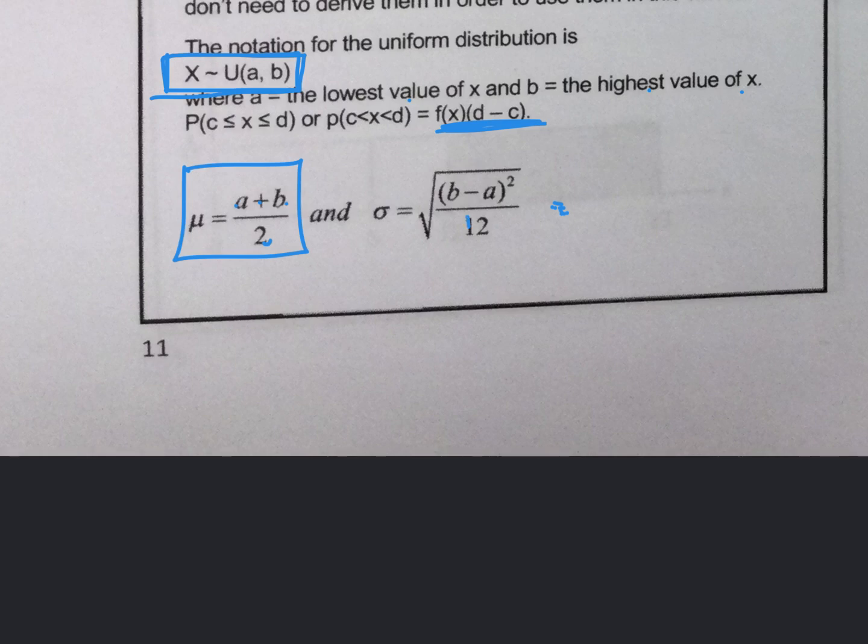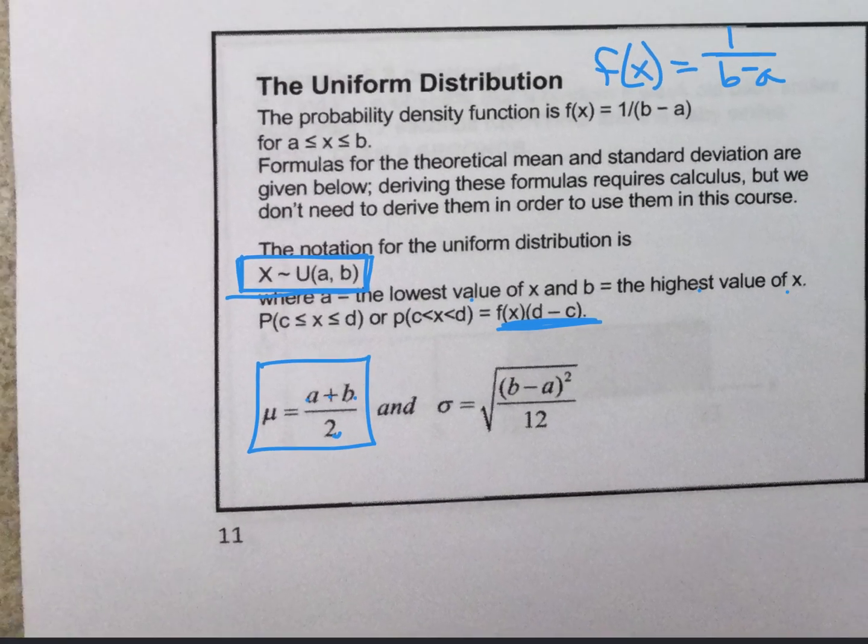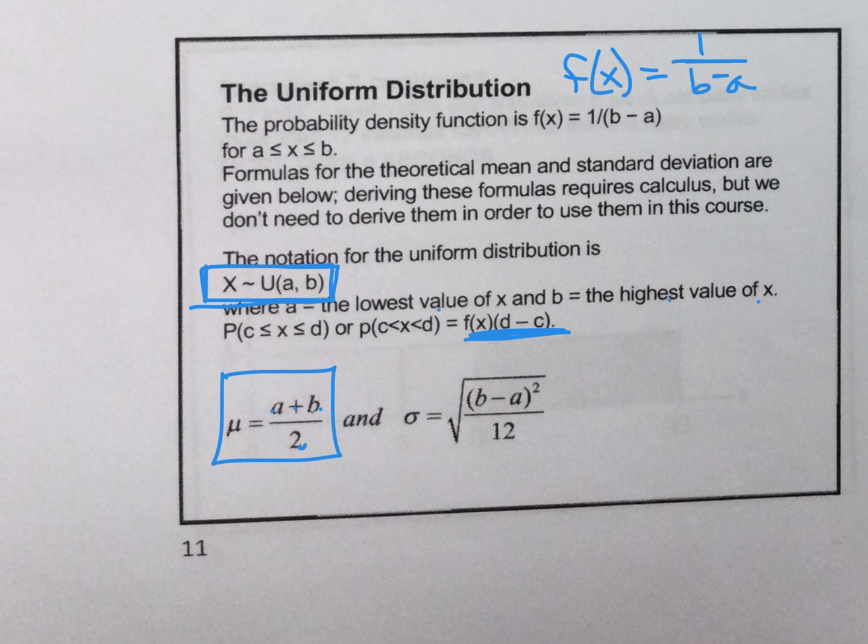This should be number of events that are taking place. Okay, so no, it doesn't. This is always 12. Okay, and that comes from the calculations in calculus.